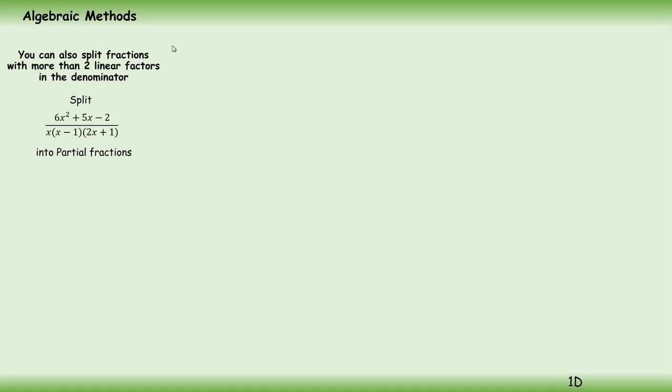So we've got 6x squared plus 5x minus 2 all over x(x minus 1)(2x plus 1), and that's equal to, so I've got 3 linear terms on the bottom there, so I've got to have 3 partial fractions. So I'll put A over x plus B over x minus 1 plus C over 2x plus 1.